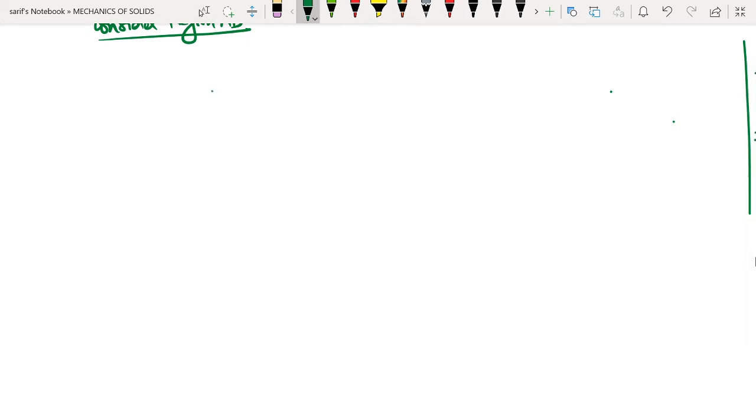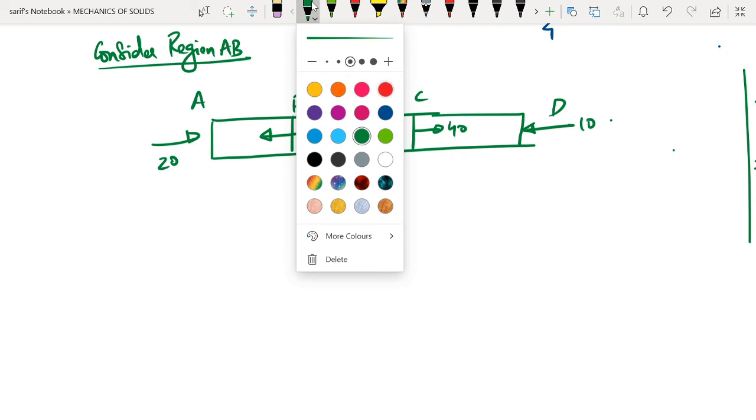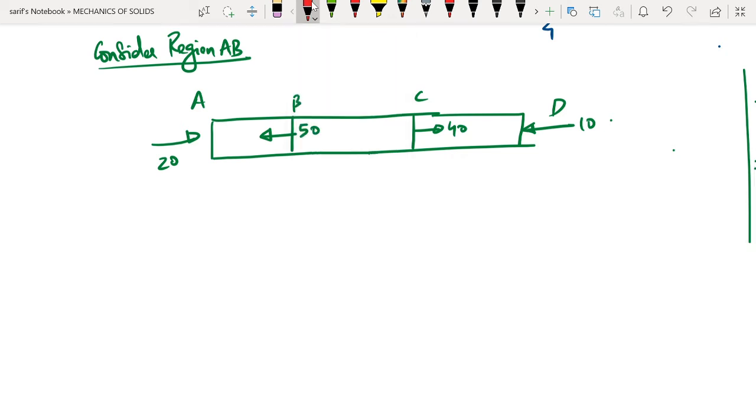Now let us consider the region AB. So once again let us draw the total bar. Now, to find stress in the region AB, we first need to make a section anywhere in the region AB. So let us call that section x1 x1.